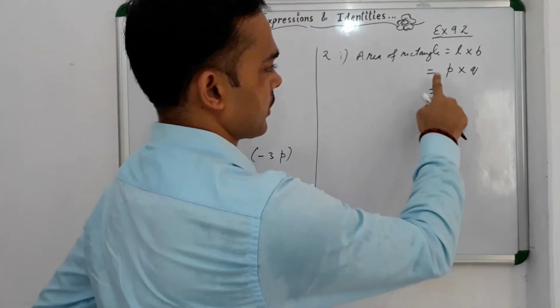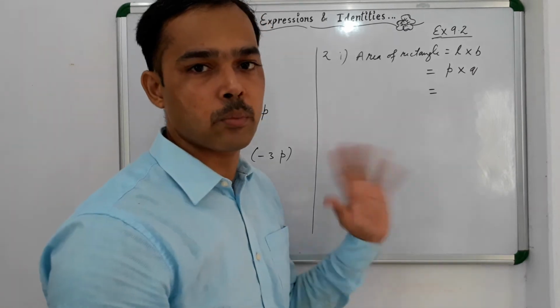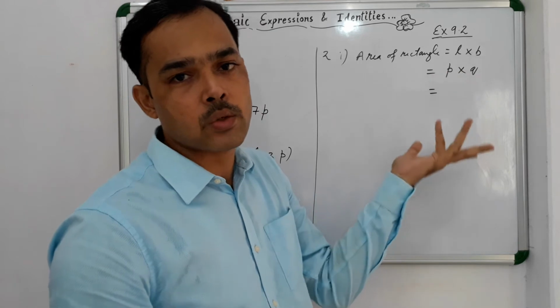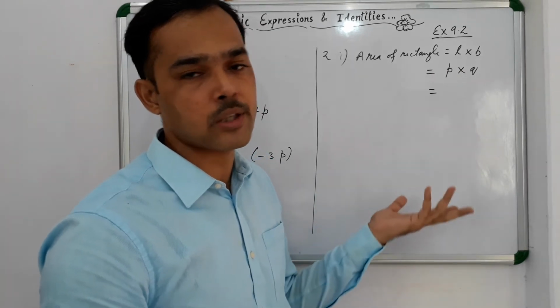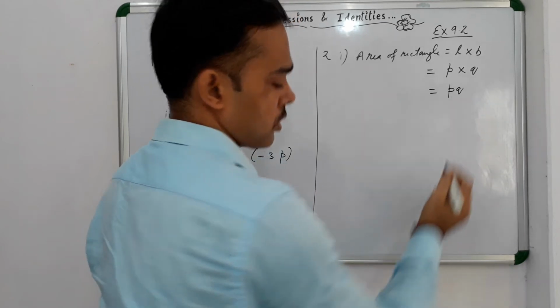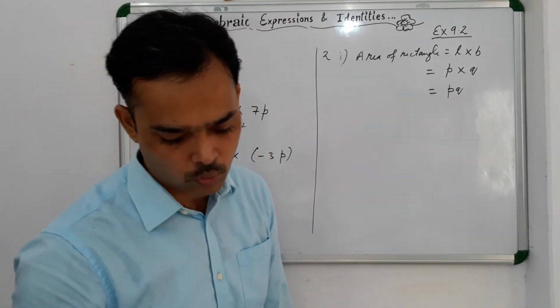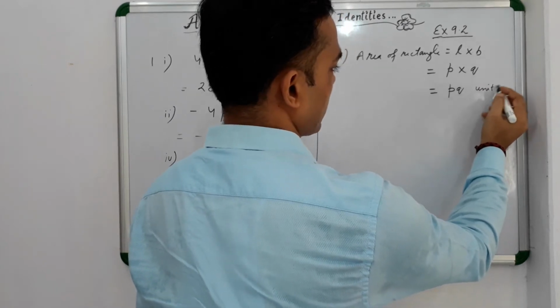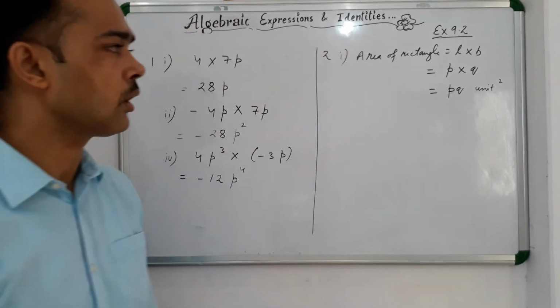Now first what you will do, sign by sign, they both are positive, so it will be positive. They both are having their constant as 1, because there is no number over there, so it will be 1. Then p into q will be pq. So this will be the area, and if you want you can write unit square. Okay.